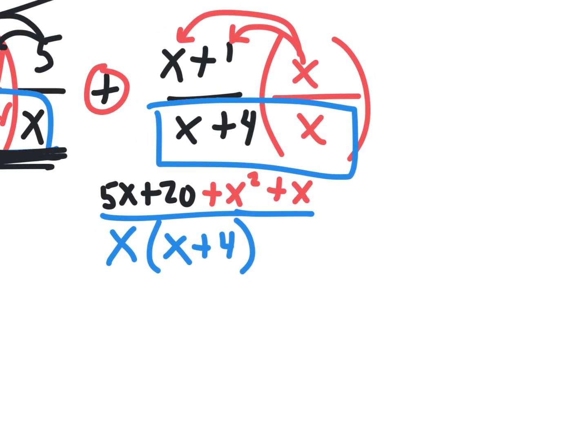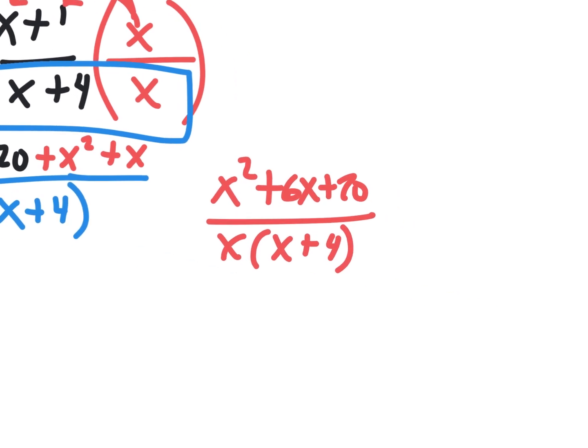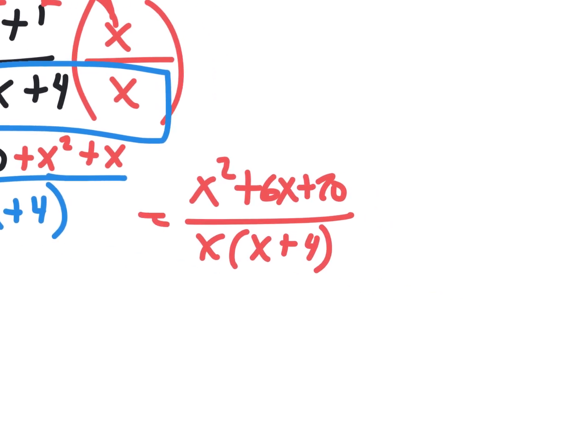And if I simplify that all down, I'd have x squared plus 6x plus 20 over x times x plus 4. Did you even think about factoring that? If you didn't even think about factoring it, you lose. If you thought about factoring it and realized it actually doesn't factor, then you win, and you just leave it like that.